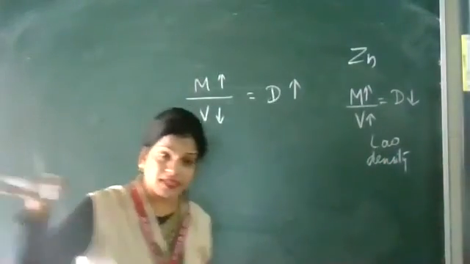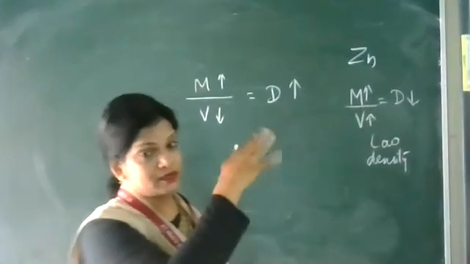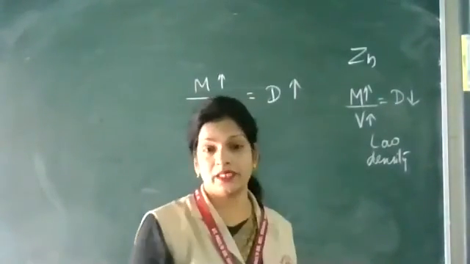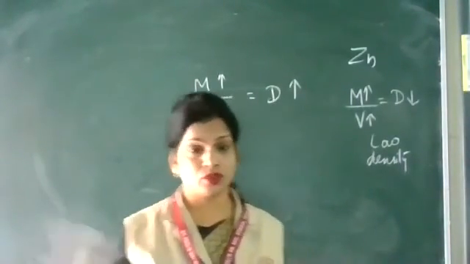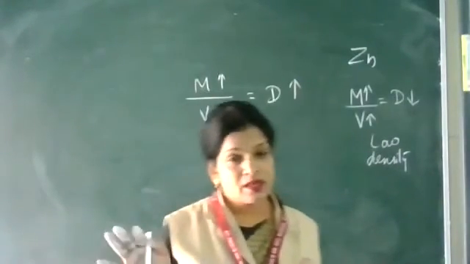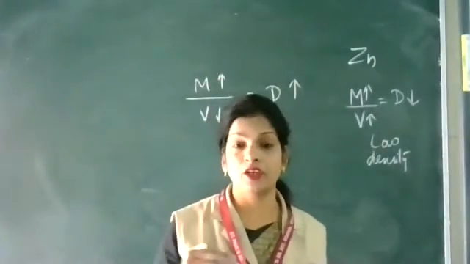Generally, density is increasing, but when you reach the end elements, they have low density. The general trend is that density is increasing because mass is increasing, as protons are increasing, but volume is decreasing due to the very poor shielding effect of d orbitals.